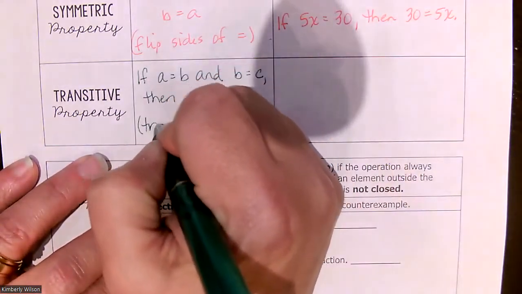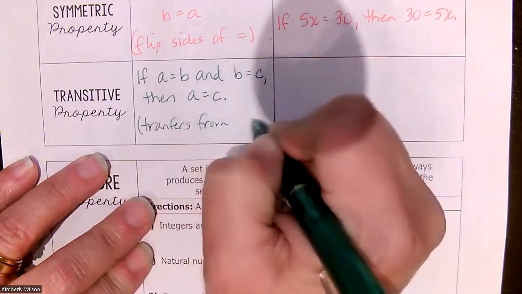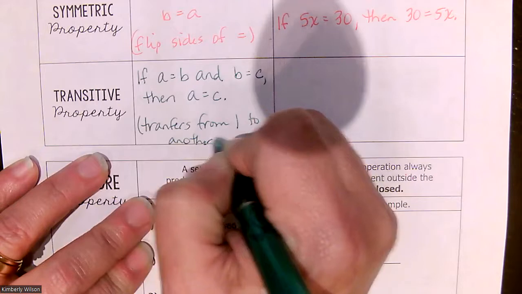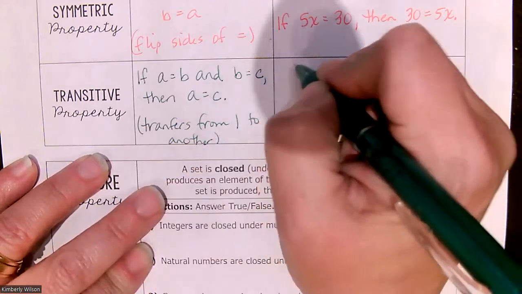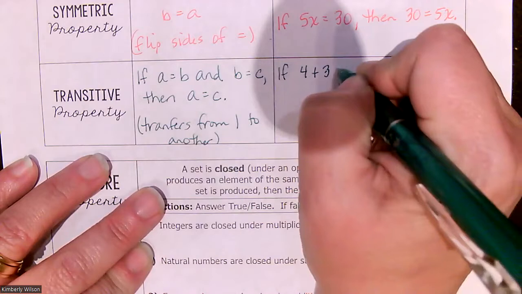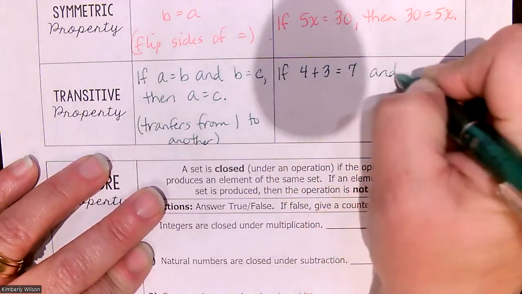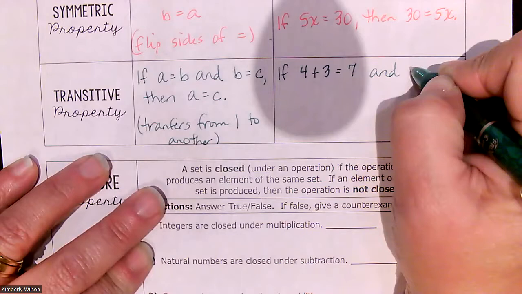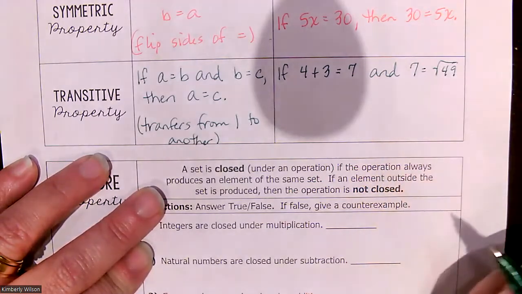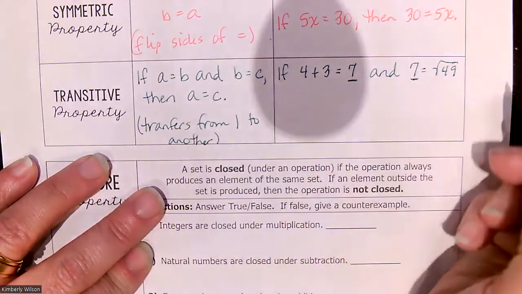So you could think of transfers from one to another. So mathematical examples are, if 4 plus 3 equals 7 and 7 equals the square root of 49, they're both equal to 7.